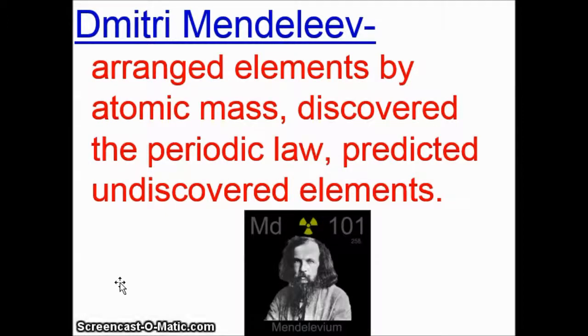Anybody could list them based off of atomic mass, but he also saw this periodic law. That means that there's a pattern in which the elements follow based off of where they sit on his table. Because of this, he was able to predict undiscovered elements, the characteristics of them, where they would be on his table before they were actually discovered.